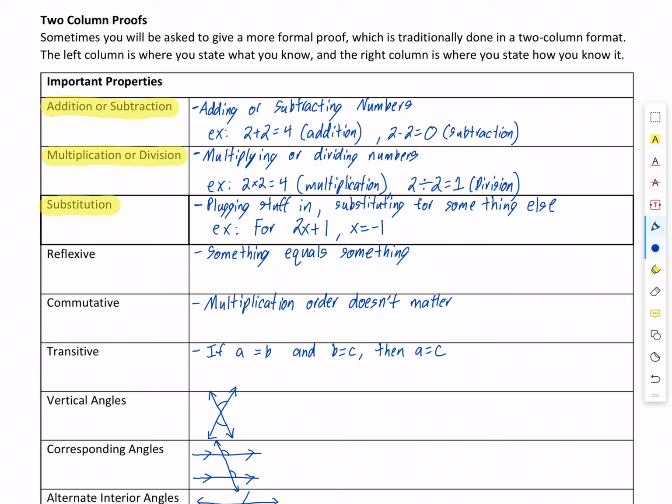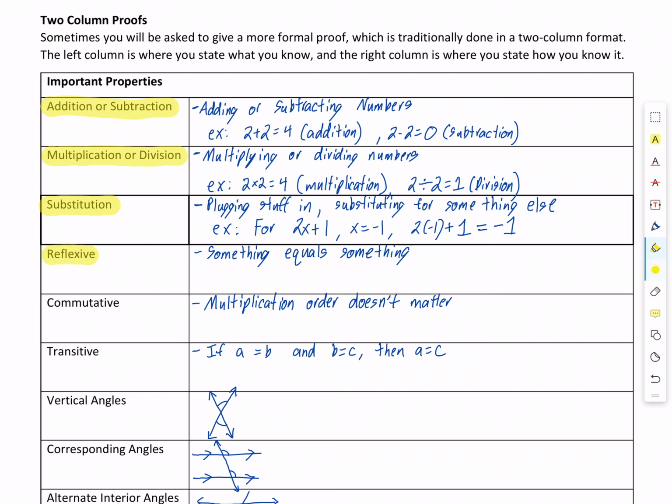If we're substituting, that means we would just plug in negative 1 for x. So we'd have 2 times negative 1 plus 1. Got you guys. And I got myself. 2 times negative 1 is negative 2, plus 1 is equal to negative 1. Okay? So that's when we're substituting or plugging something in.